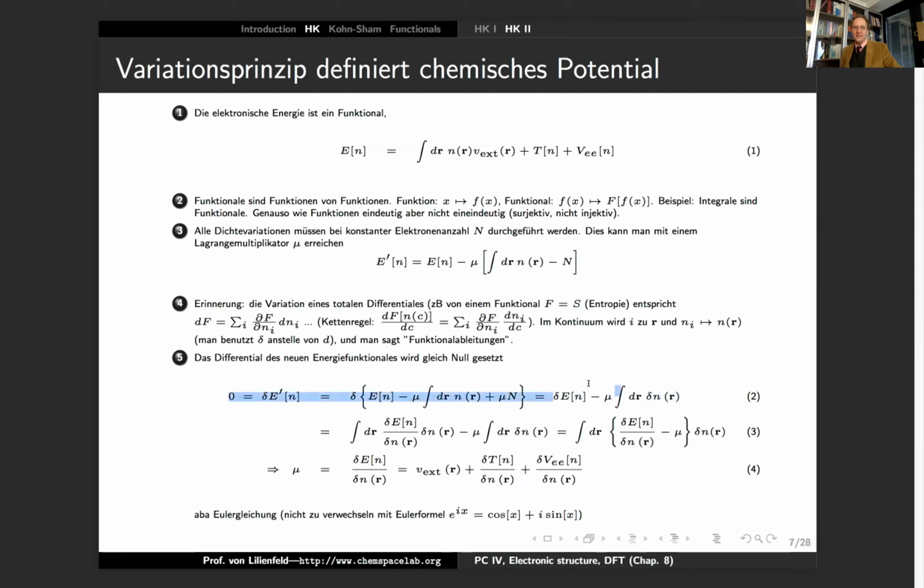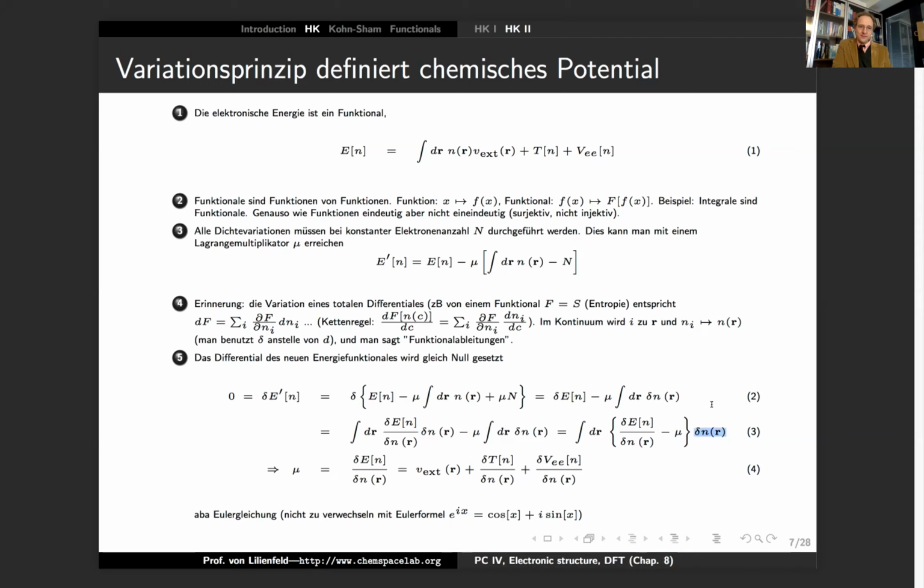Now look at this functional derivative of dE: it is the integral over space of the partial derivative at every point in space times the variation at that point. Here we just keep this integral, and what you see is that the variation in electron density is the same. The integral goes over the same spatial domain, so I can factor out our delta n in equation 3.